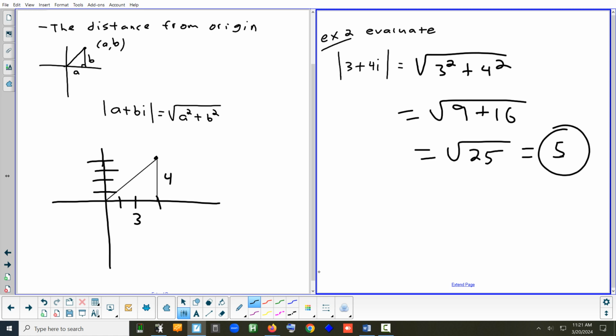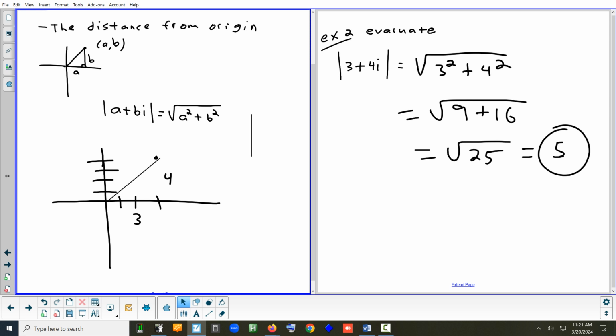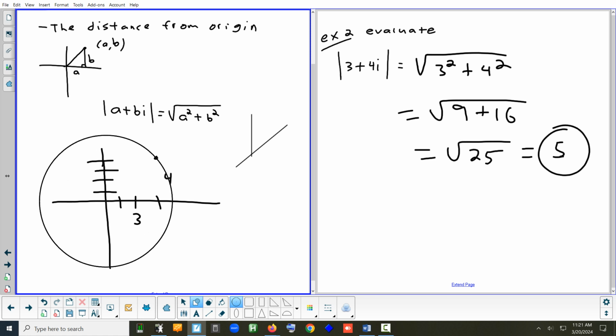Okay. Question on that? All right, now let's look at this point again. I'm just going to move these away. But I want to add something in. Okay, so I want to think of that point now as being on the edge of a circle. It's on the edge of a circle. What would this radius be now?